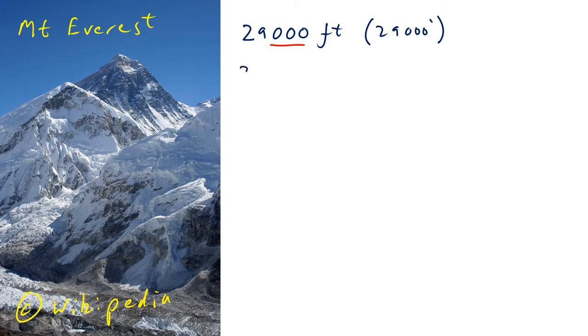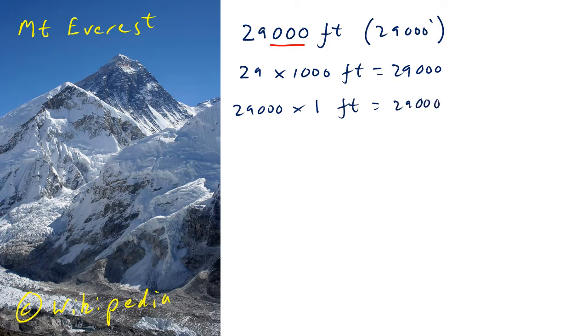You're going, is it 29,000 to the nearest 1,000 feet? Or is it 29,000 to the nearest 1? And because they both give you the same answer, but you can see clearly there are different maths.